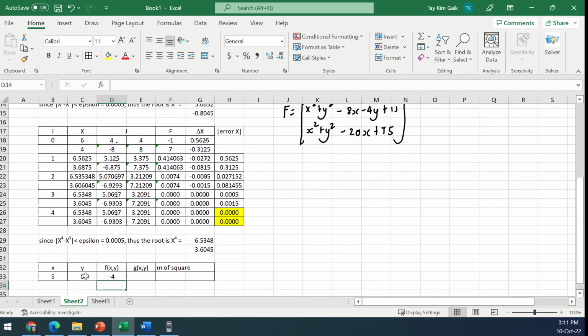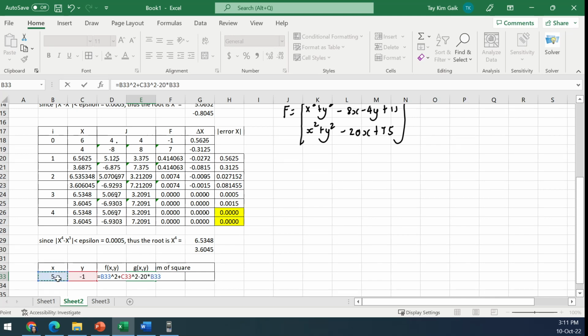Okay, we use the same here. So find -1, get 1. g(x, y) is x squared plus y squared minus 20 times x plus 25.